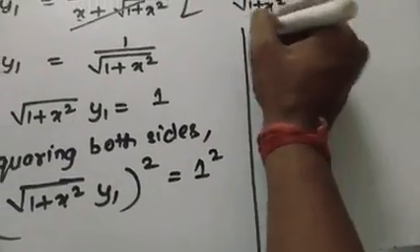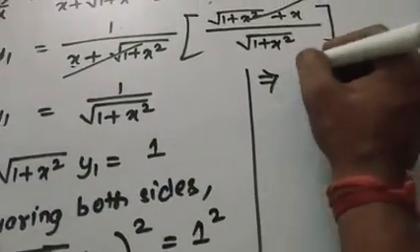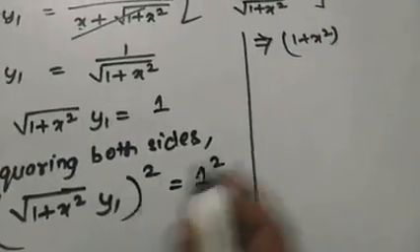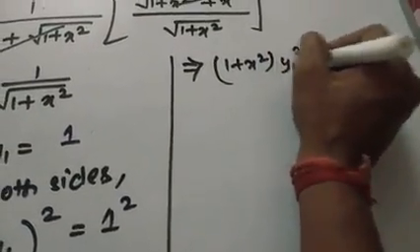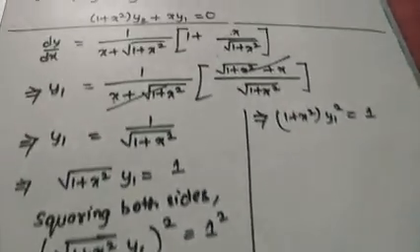What will we get? Square root over square, that means it will simply be 1 plus x square, and y1 square, and this side 1 square is 1. Clear?